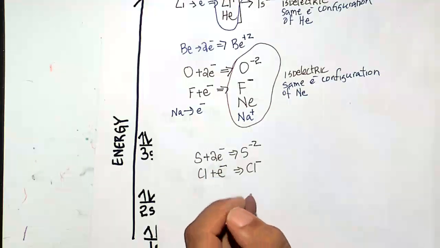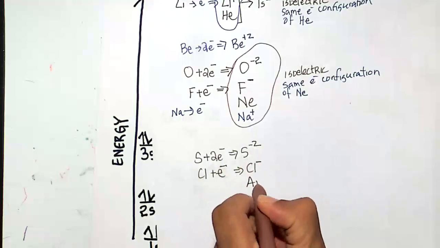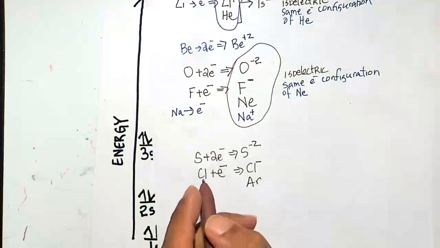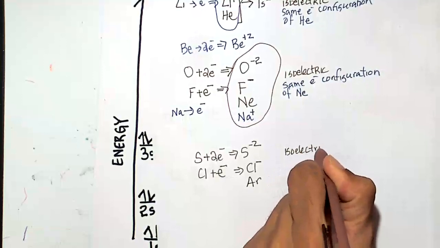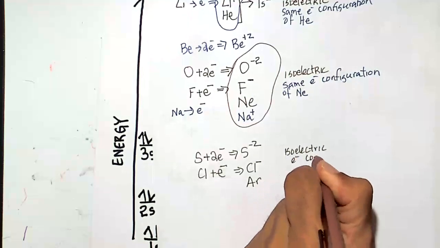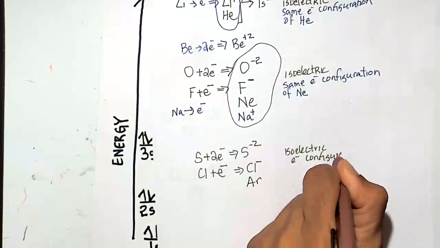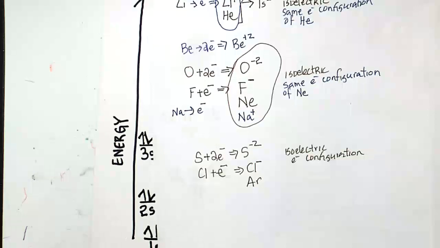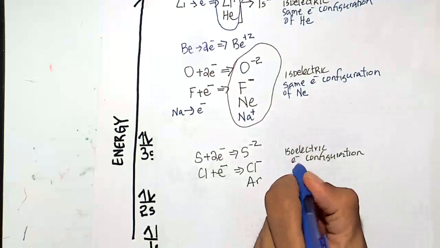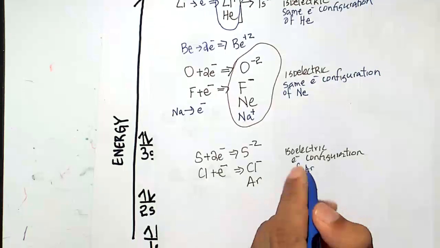Why will they do that? Because they will become noble. They will have the same electron configuration as the noble gas argon.